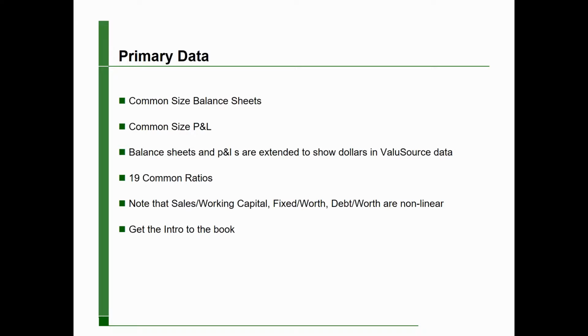And those three that are delineated here on the slide deck, sales to working capital, fixed worth to net worth, are involved in that. The reason that they're doing that is because they're trying to pick that inner quartile. An inner quartile is take somewhere around the median or the average, take 25% on top, 25% on the bottom. So about half of the companies are operating in that inner quartile range.